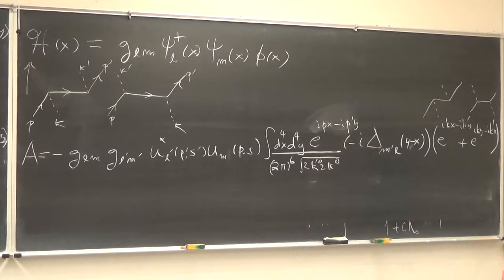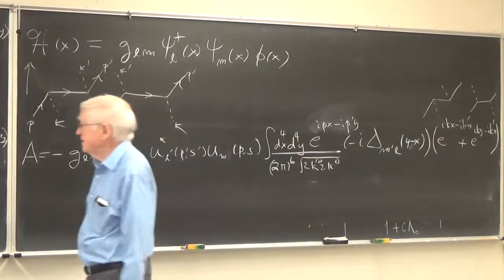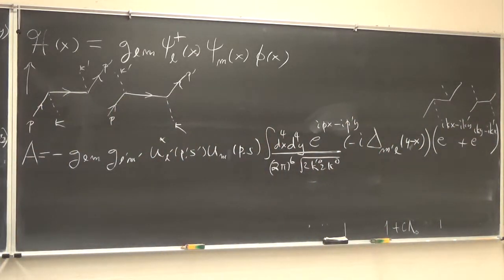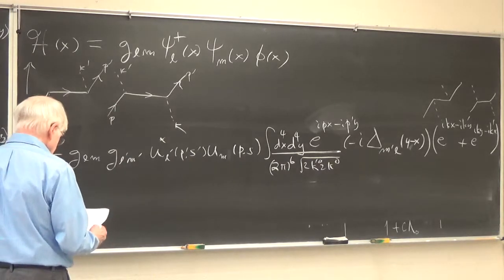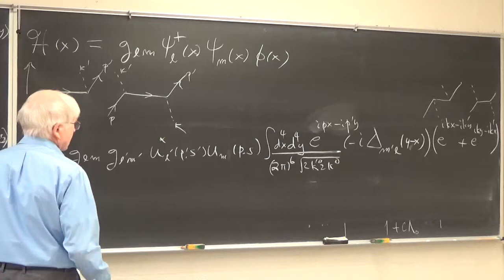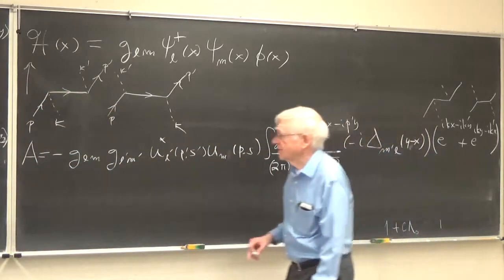All right, now what we do, of course, is this minus i delta is the whole time ordered product, and it's this whole thing here. And so what we get is, well, first of all, this is y minus x.